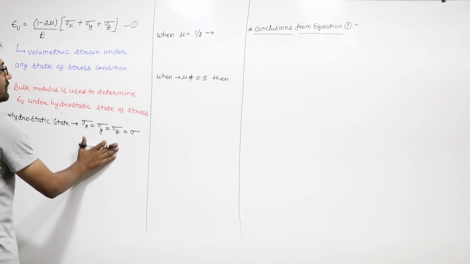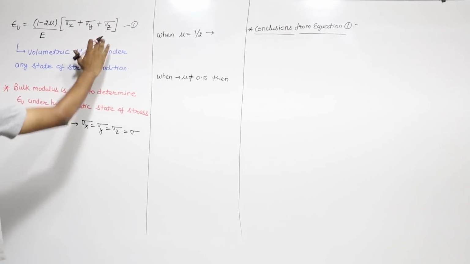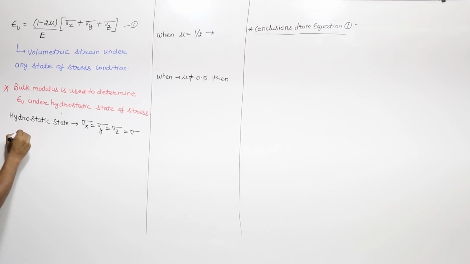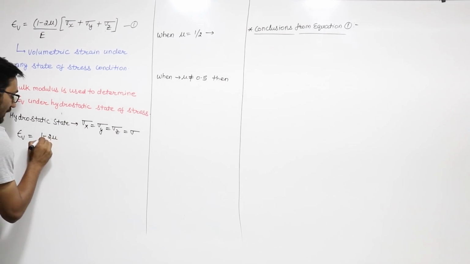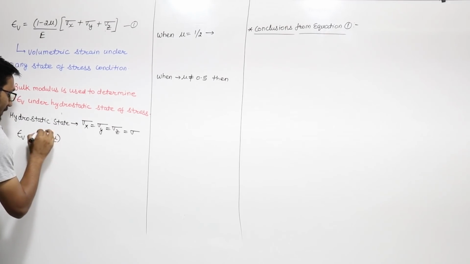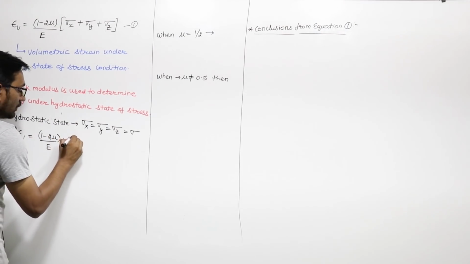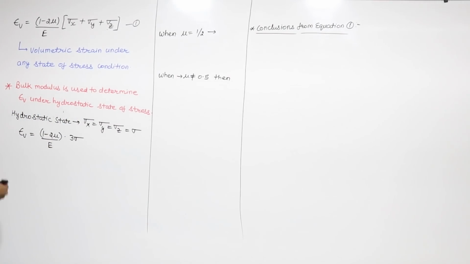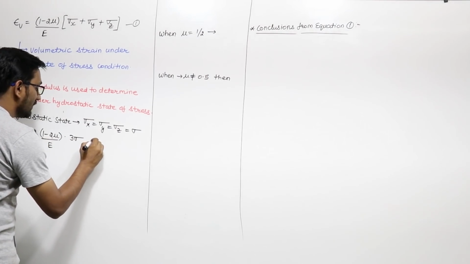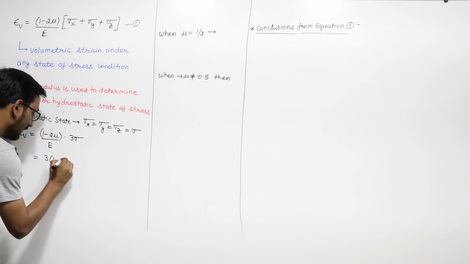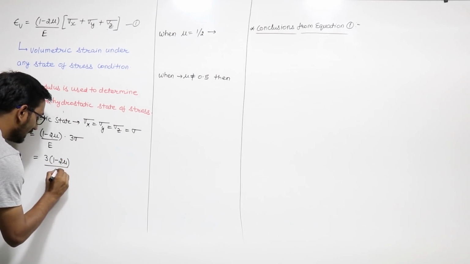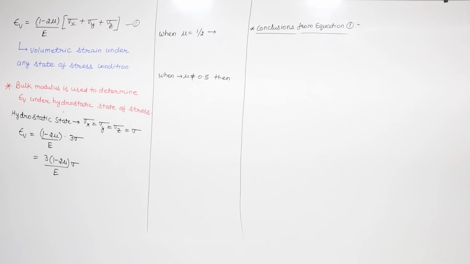If I put the value of sigma here for sigma x, sigma y, sigma z, I will get the volumetric strain equal to (1 minus 2 mu) upon E into 3 sigma, which is equal to 3 into (1 minus 2 mu) upon E into sigma, right?